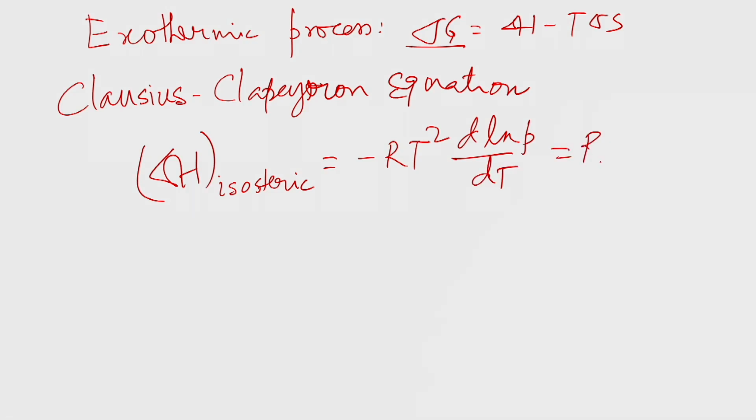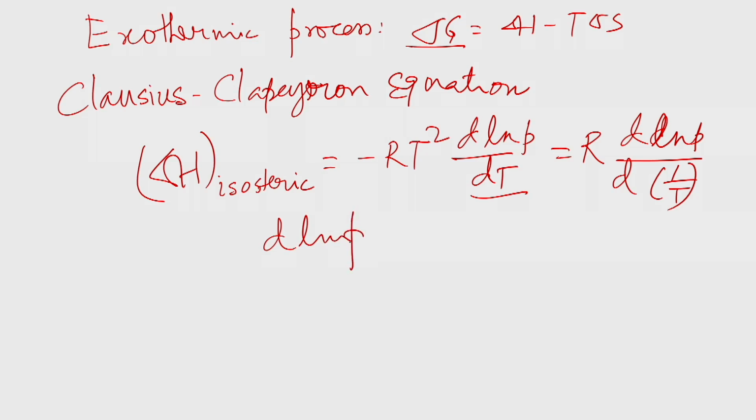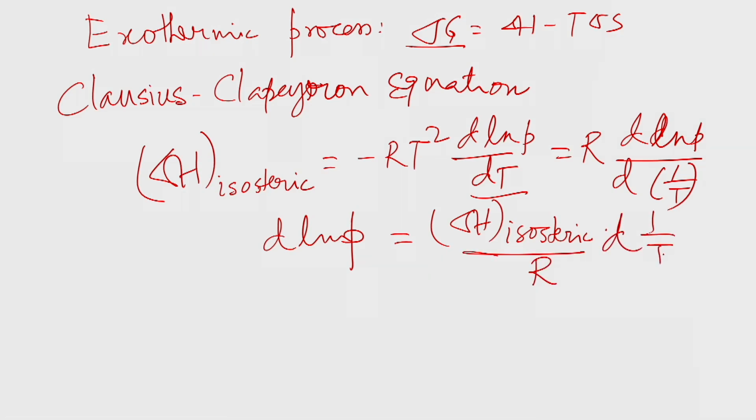If we take this T square inside the derivative, it becomes R into d ln P by d 1 by T. So, this negative will be coming along with T square. So, we can say d ln P will be delta H isosteric by R into d 1 by T.